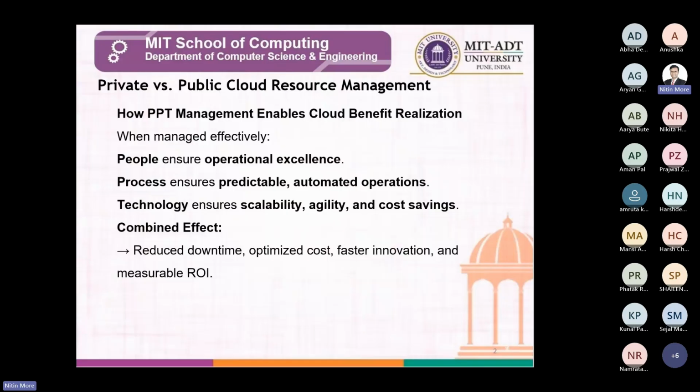When managed effectively, technology is going to ensure scalability, agility, and cost saving plans, right? So overall, this combined effect will give reduced downtime, optimized cost, faster innovation, which is ready to use by the market, and a measurable return on investment on what they have done.